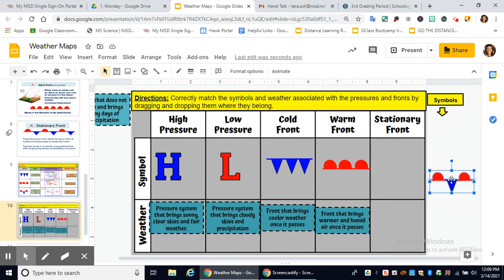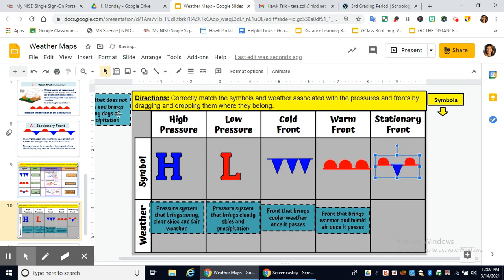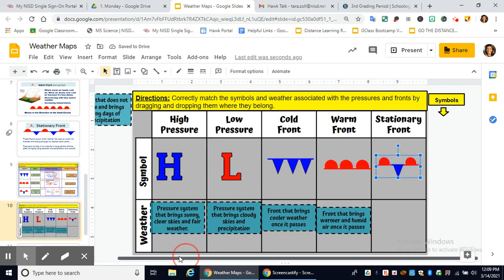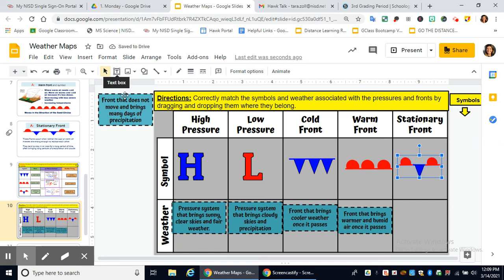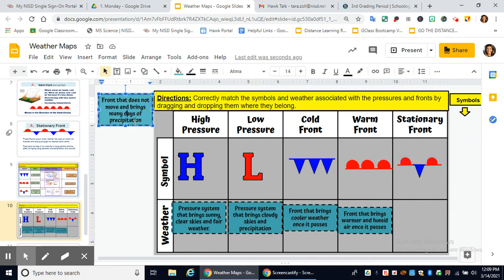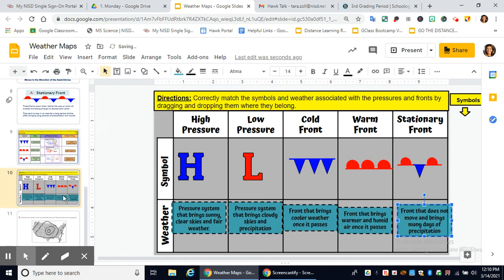Our stationary front is that alternating warm, cold, warm symbol. And what you have here again is neither front is strong enough to overtake one another. So you have the same rain for days. Okay, so the front does not move and brings many days of precipitation. Precipitation, remember, is rain. Okay.